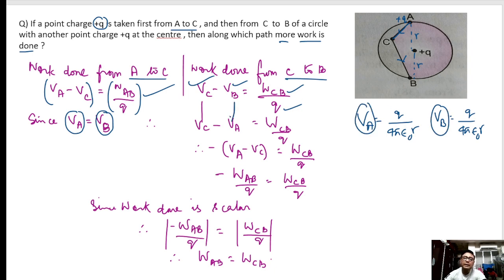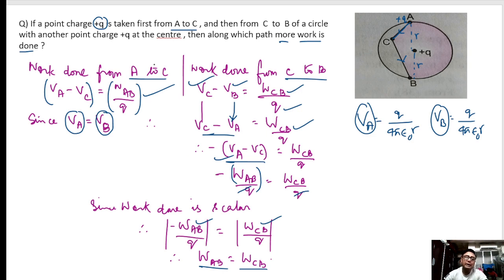So VB can be replaced by VA, and VC minus VA is this. Now VA minus VC is W by Q. Q cancels. So if I use the modulus, the work done from A to C and from C to B is the same.